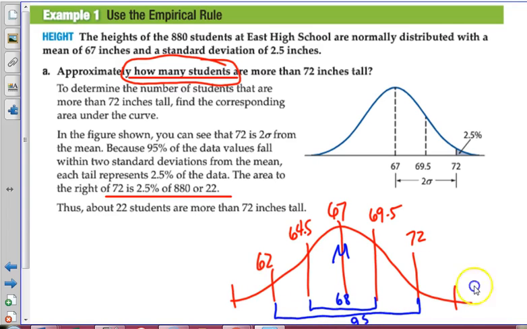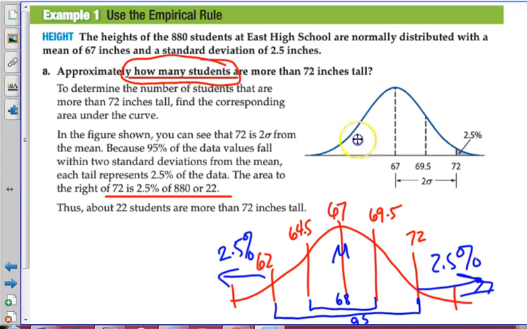So outside of that 95% is 5% of the data, which means 2.5% this way and 2.5% this way, sorry. We good? So more than 72 inches would be 2.5%. The probability of choosing someone would be 0.025 or 2.5%.